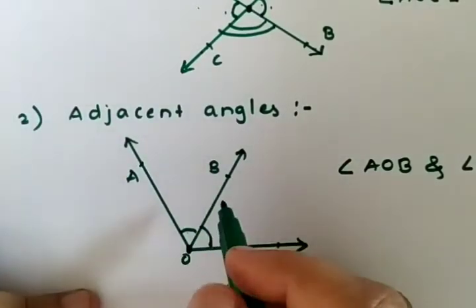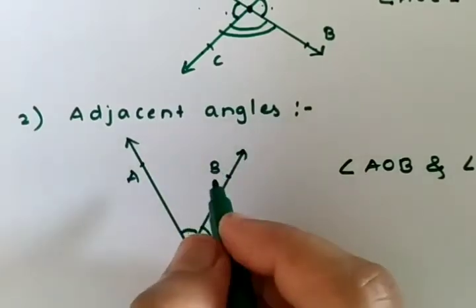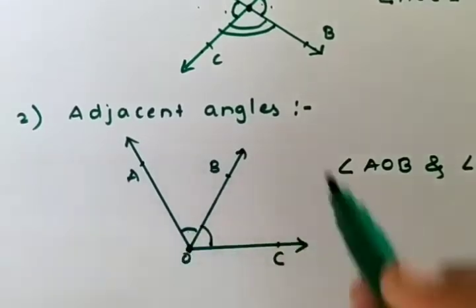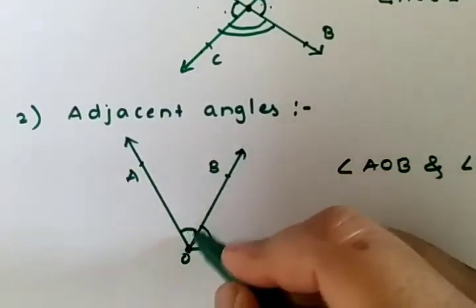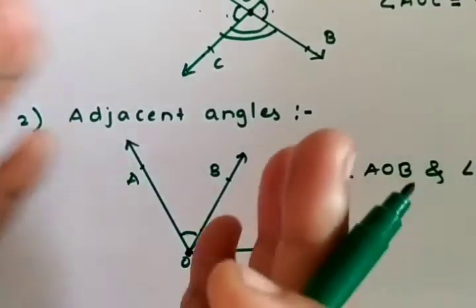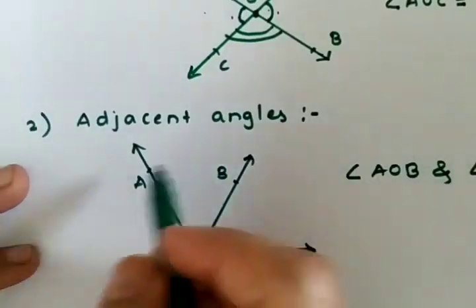So remember the characteristic properties of adjacent angles: they must have a common vertex, they must have a common arm, and the third one is the non-common arms should lie on either side of the common arm. Clear?